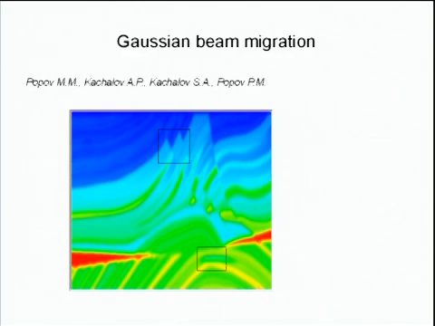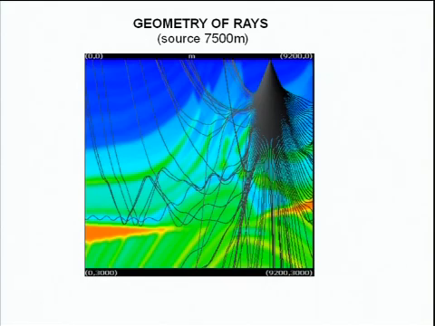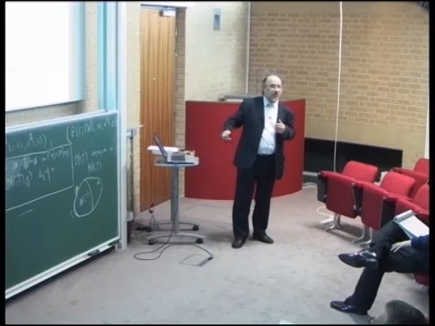We don't see the geometry just now, but let's see. Maybe I show the picture. This is the picture of rays, which start from the boundary point, upper here. This is the Earth's surface. This is some source, and this is the set of geodesics or rays inside the Earth, which is produced by this source.